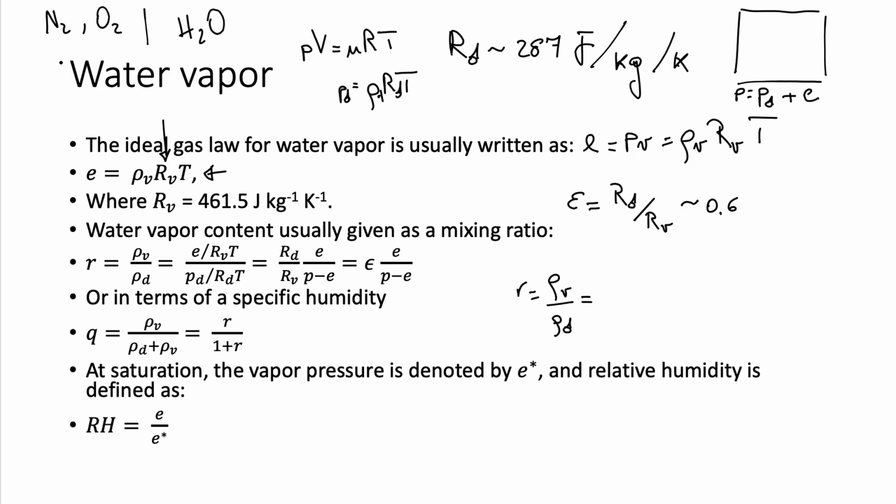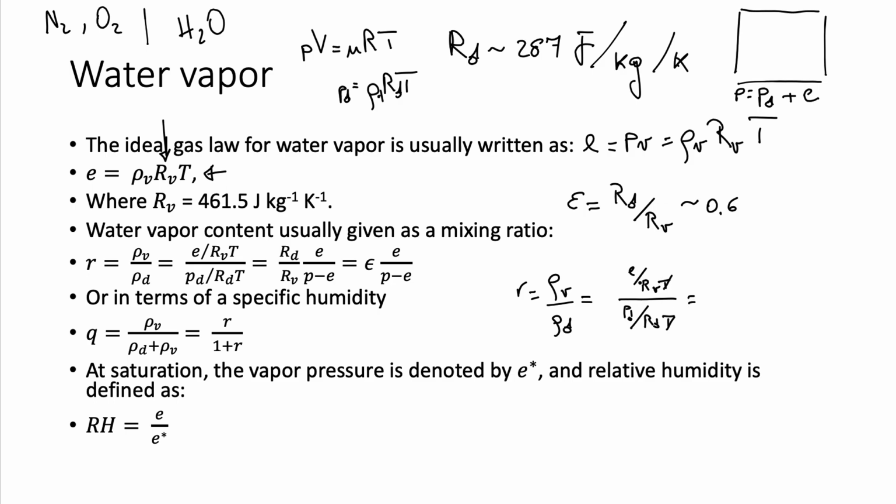I hope you don't mind that slides get super busy with my writings. I hope it's not too confusing. Now, use the gas law for water vapor. This is just e over R_v T, divided by the same thing for dry air, p_d over R_d T. Temperature simplifies because it's the denominator of both terms.